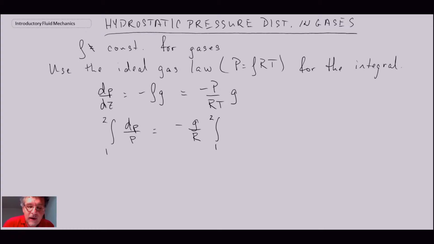R is the ideal gas constant for whatever gas we're dealing with. In this case, we're typically talking about air. So that's what the equation comes out to be.